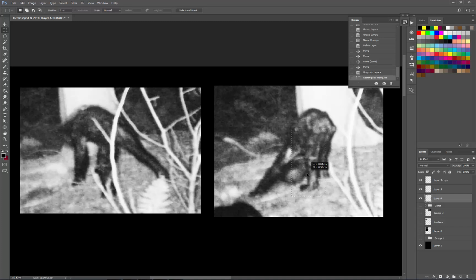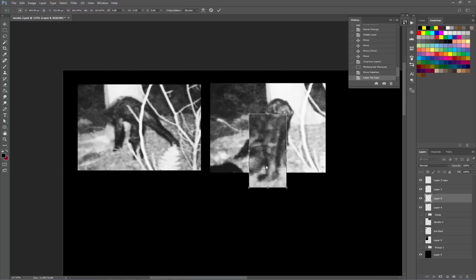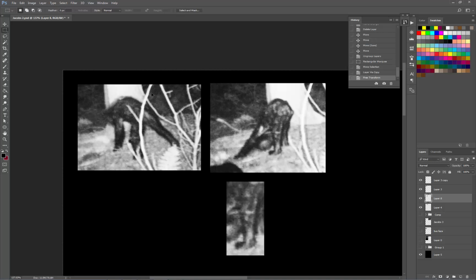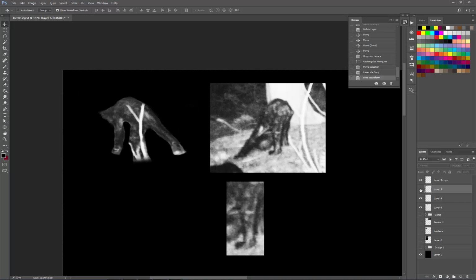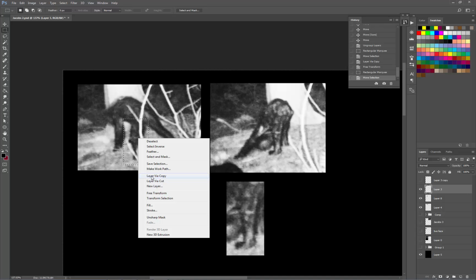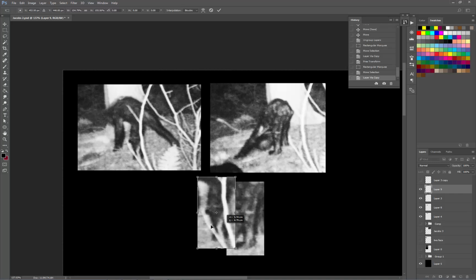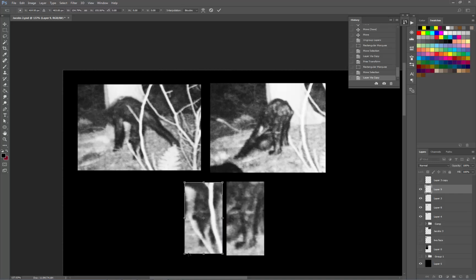So what I'll do, I'll just make a comparison here also by selecting this leg, bringing it down here and doing the same with this one, just so we can make a comparison between the two with the patterns on the leg. The patterns on the leg, what I'm trying to say is they're the same or similar.